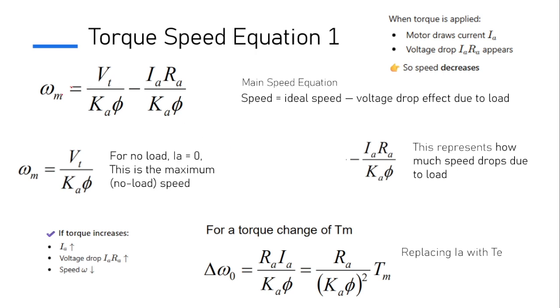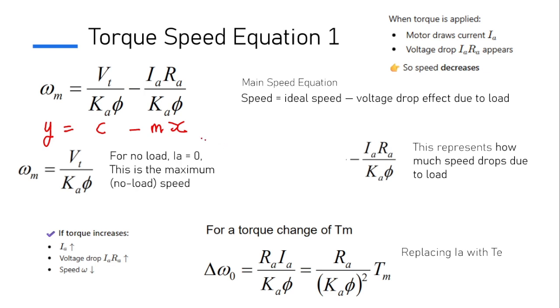So I was telling Kelsey, this here is synonymous to a straight line: y, which is your speed, is equal to mx plus c. So obviously this will be c, because this is most of the time constant, and k phi is constant, right? So it's c minus m x. It's just a straight line.